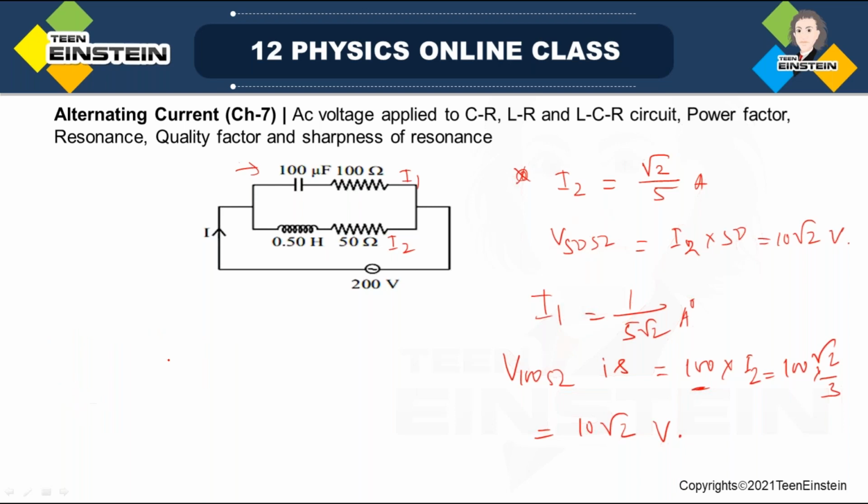That can be written as I is equal to square root of I1 square plus I2 square, and that would give you 0.34 ampere.